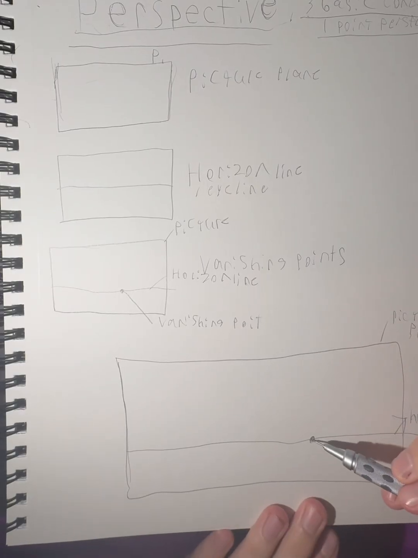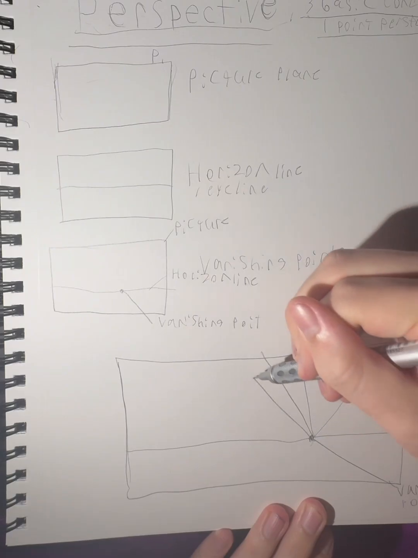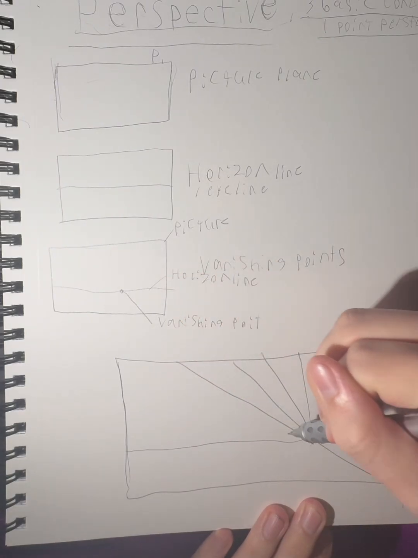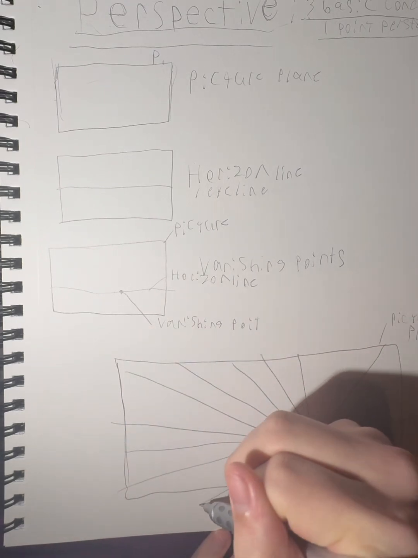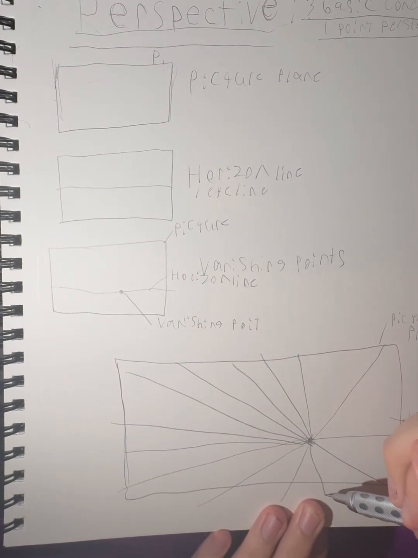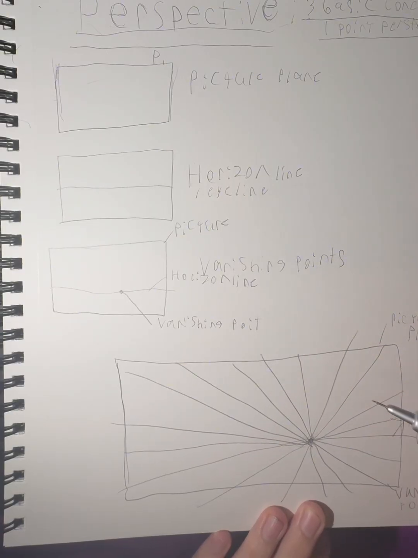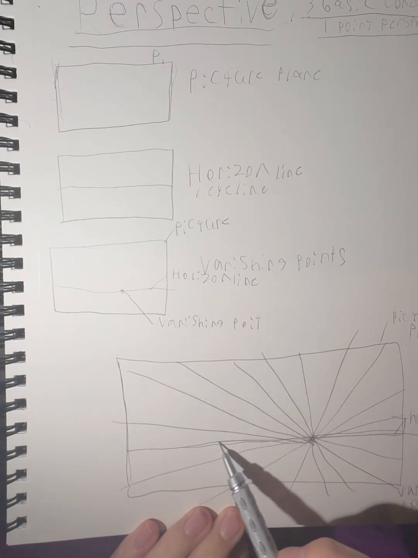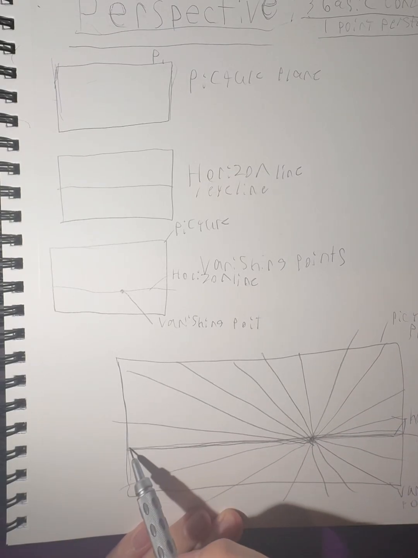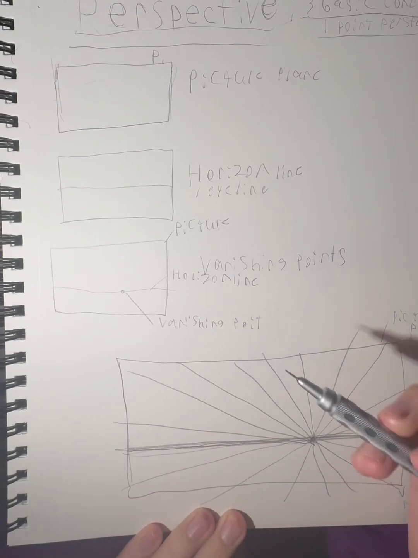And then from that vanishing point, you just draw straight, smooth lines going out. They don't have to be perfect, just as best as you can. Okay. Now make sure you can still see that main horizon line. Maybe go over it a couple times like this.